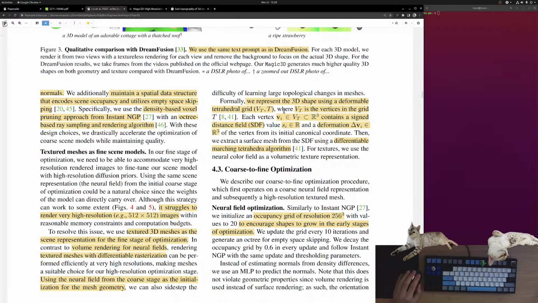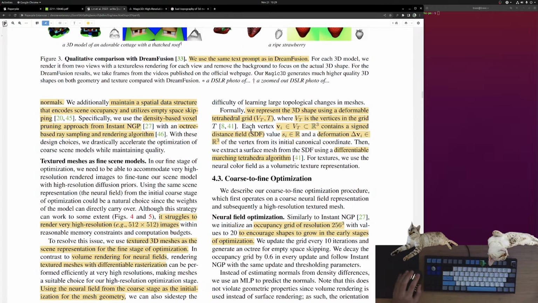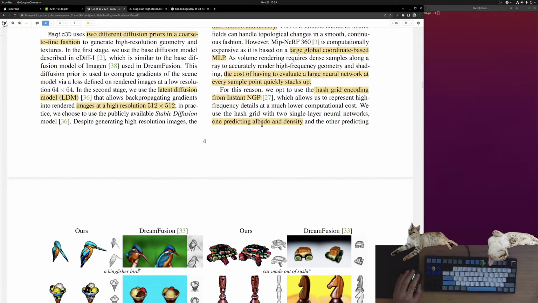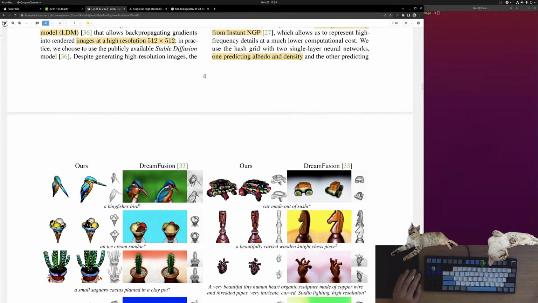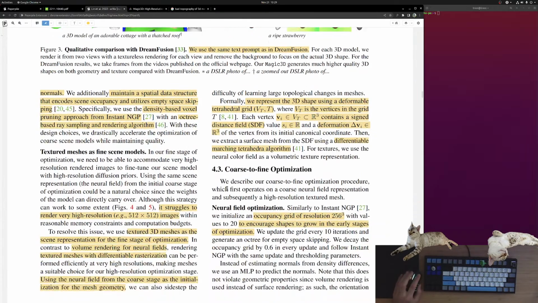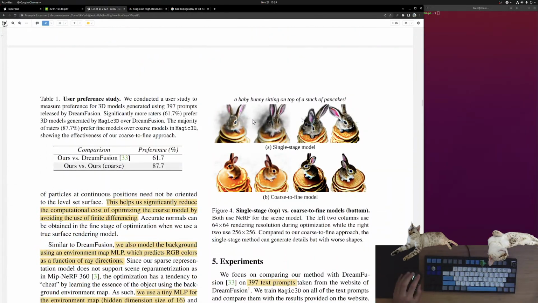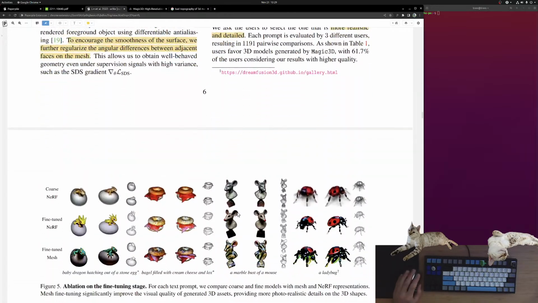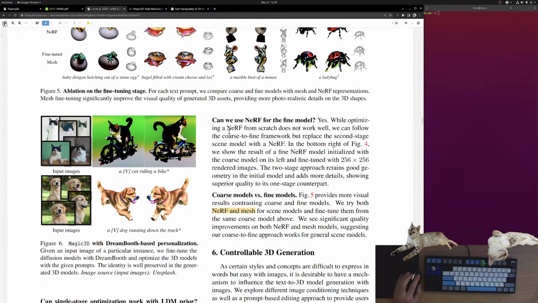This deformable tetrahedral grid composed of these vertices with some signed distance value and then deformations on those vertices, versus just a pure Nerf, which is just an MLP that outputs albedo, density, and normal. So that's what they're talking about comparing here, the pure Nerf versus the mesh.